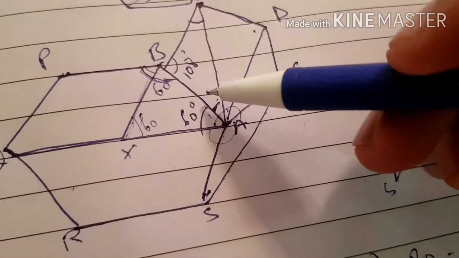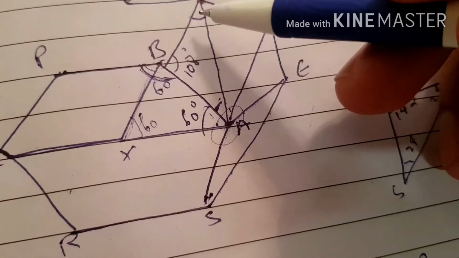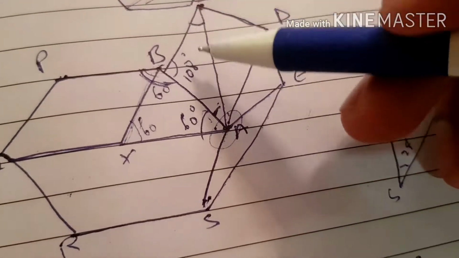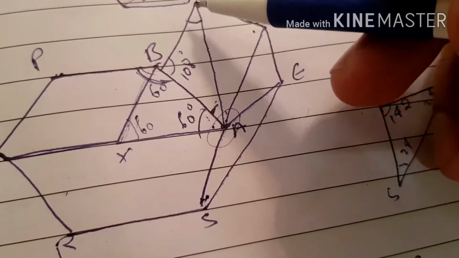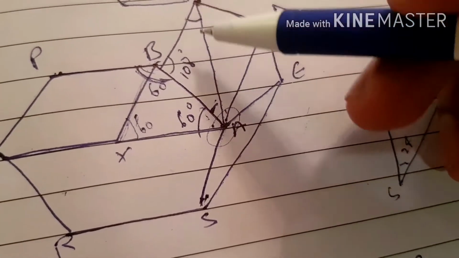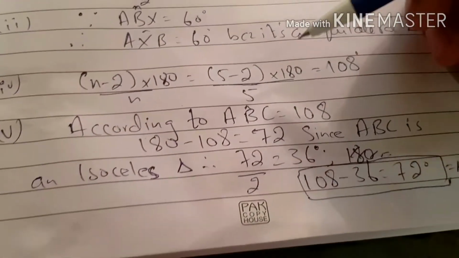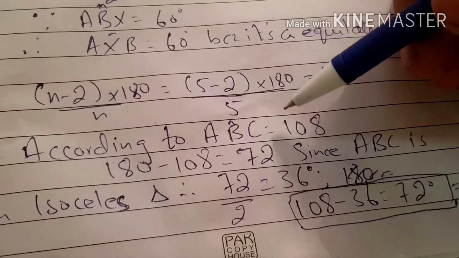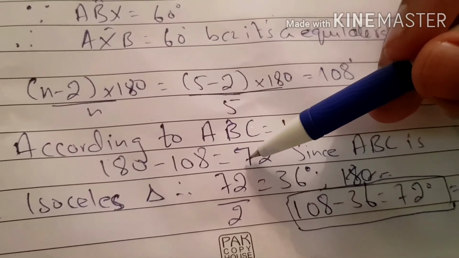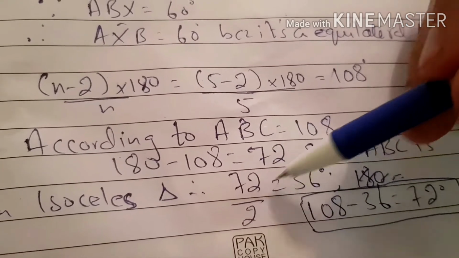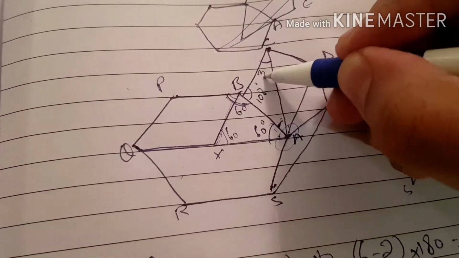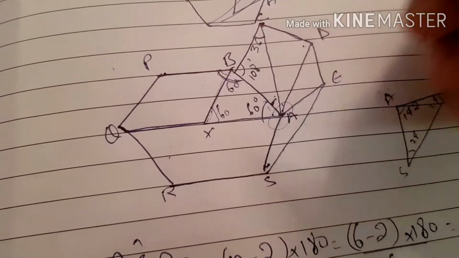Since this is an isosceles triangle, the value of these two angles will be 180 minus 108 divided by 2. Since these two angles will be the same, being an isosceles triangle, 180 minus 108 is 72, then 72 divided by 2 is 36. This will be 36 degrees.